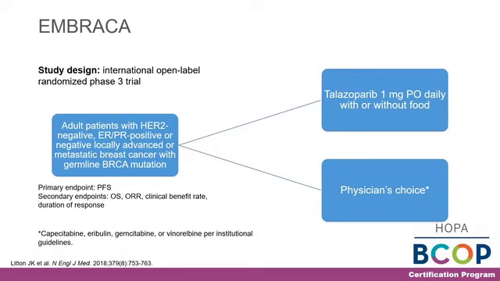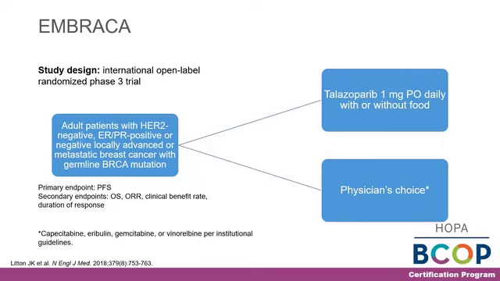The EMBRACA study is also a study that was done with a PARP inhibitor, talazoparib. And this also included patients with HER2 negative, ER/PR positive or negative, locally advanced or metastatic breast cancer with a germline BRCA mutation. And they received talazoparib 1 milligram daily with or without food or physician's choice.